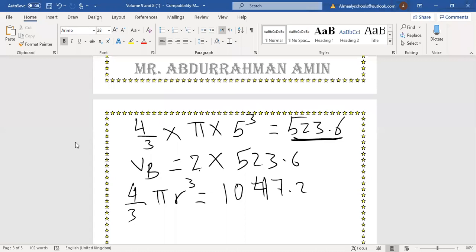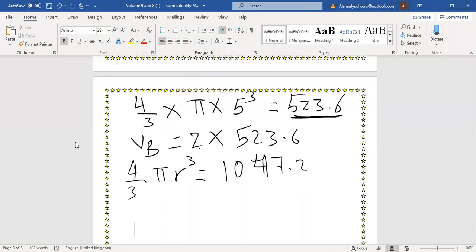It's hard? Which step didn't you understand? The last step. So you don't understand where 4 over 3 pi R cube comes from, or how we get 1047.2?